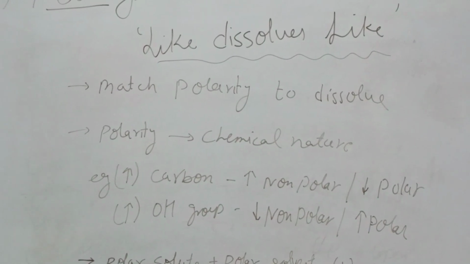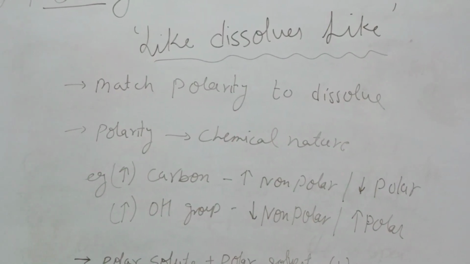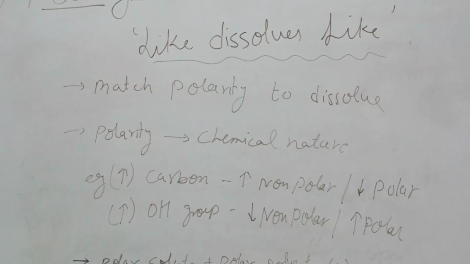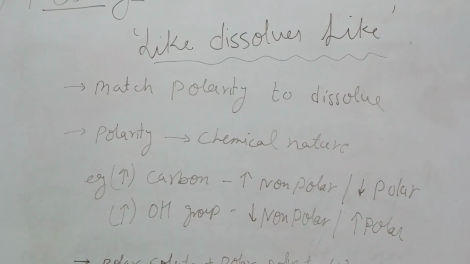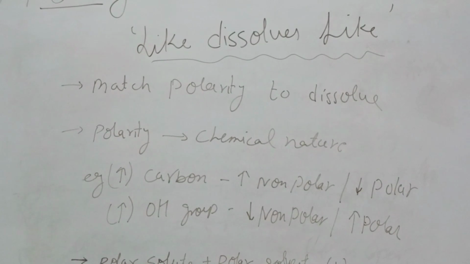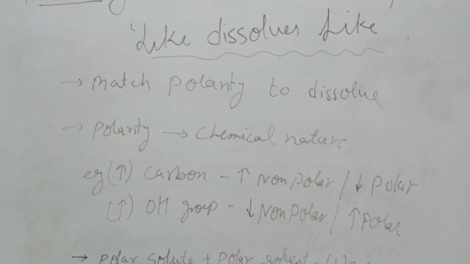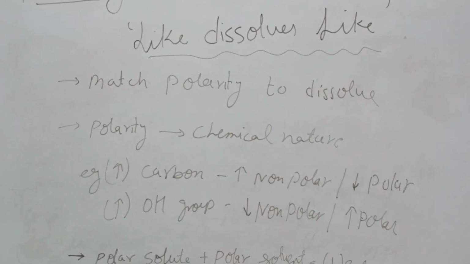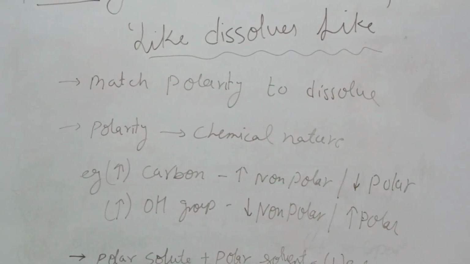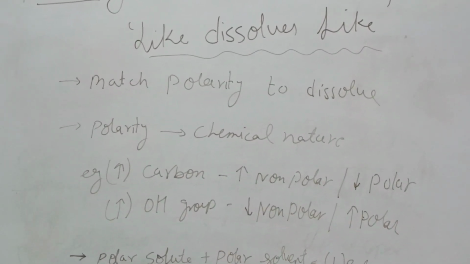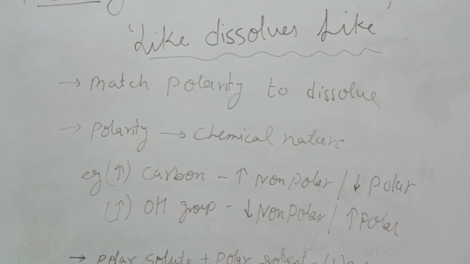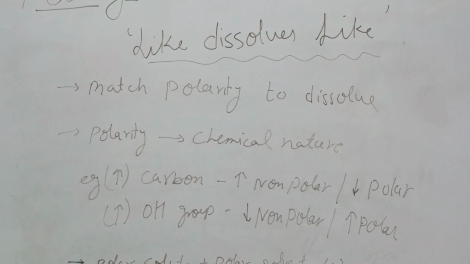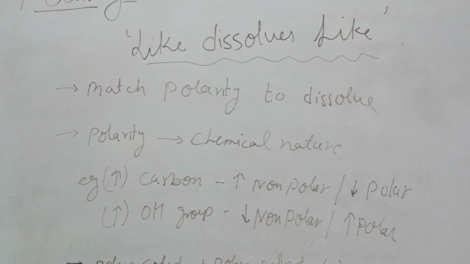For example, the greater the number of carbon atoms present in an organic compound, the more non-polar that compound is, and hence when the compound is more non-polar, its polarity is reduced. So this is how the number of carbon atoms affects the polarity of a given solute or solvent.